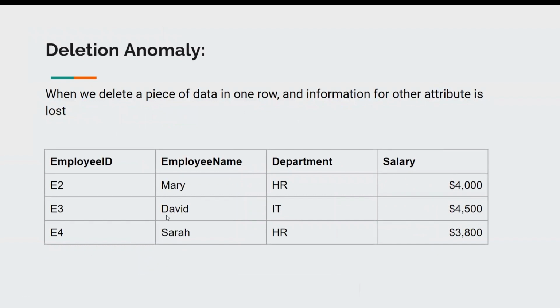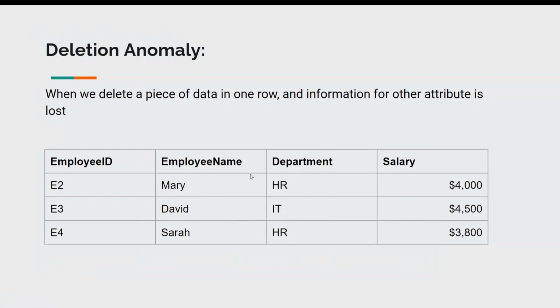For example, sometime David decides to leave the company, and David is the only person in IT. So we have to delete this information for David, which inadvertently deletes the information for this department also. Since David is the only person working in this department, we'll lose the department IT altogether. So the information is lost.